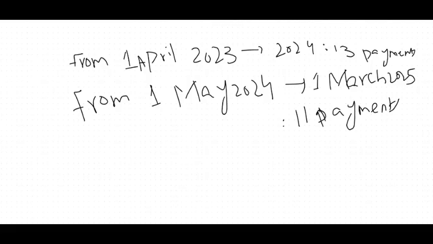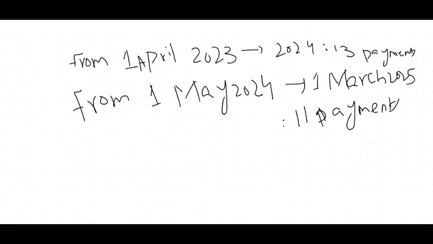So the total number of payments n is 24. We just have to put the values in the equation and we get the result.